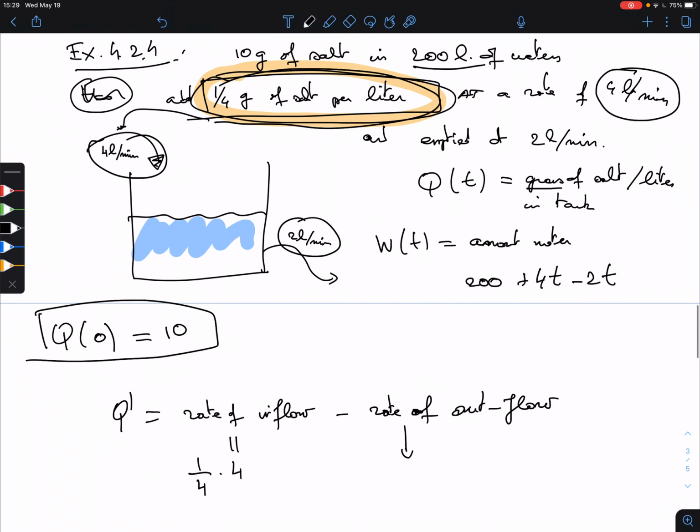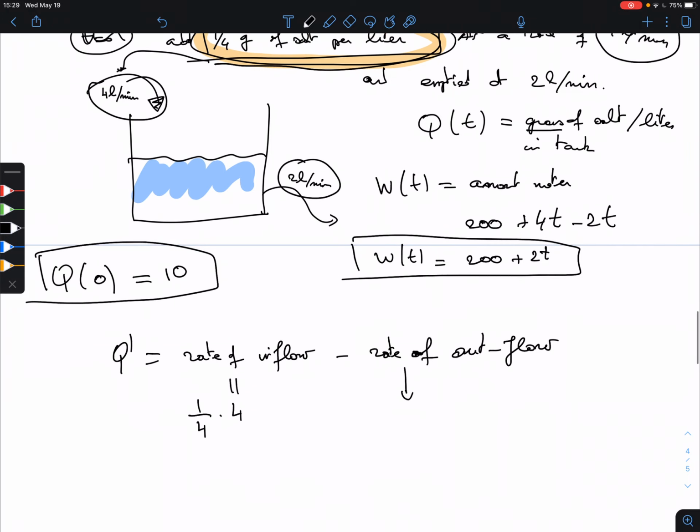So the amount of water at time t is given by this formula. I hope you understand what it is. Constant rate 4 means that after time t there will be 4t water added, but we also subtract 2t water. So the amount of water will be 2t more, and we started with 200. So that is that.